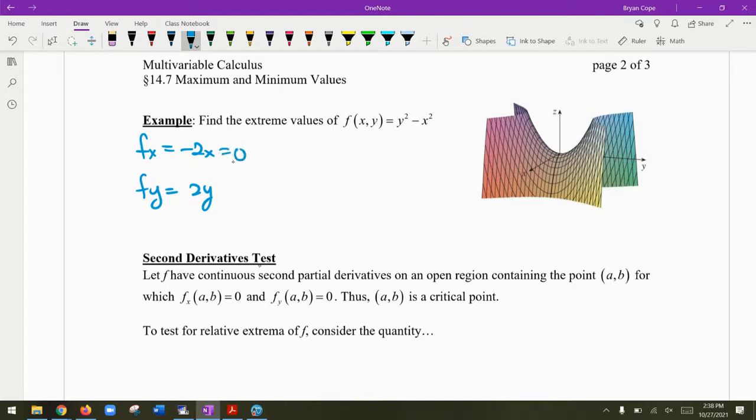When we set this equal to 0 and this equal to 0, we know the only critical point is x and y both equal to 0, which is right there. But what we see is that along this path, I'll use a dashed line to go on the bottom there, along that path we have a local max. But along the other path, we have a local min.